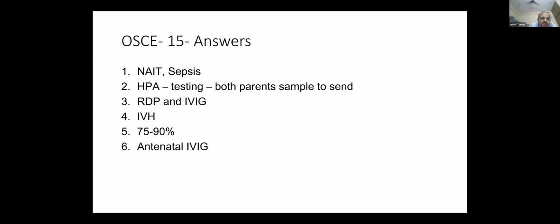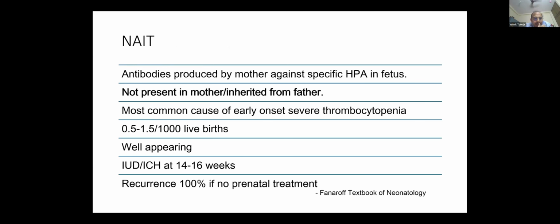That monitoring we'll see. So in NAIT, what is happening is antibody is produced by the mother against the specific HPA in the fetus, and that HPA the fetus has got from the father. This is the most common cause of early onset severe thrombocytopenia in well babies. Roughly the incidence is 1 in 1,000 well-appearing babies. ICH we have to rule out.